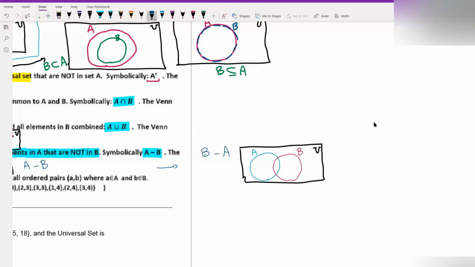So we have to subtract all these members that are in A from B. So this is the answer.